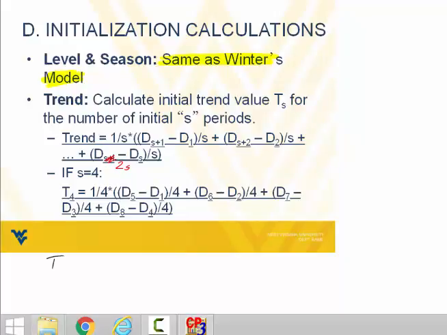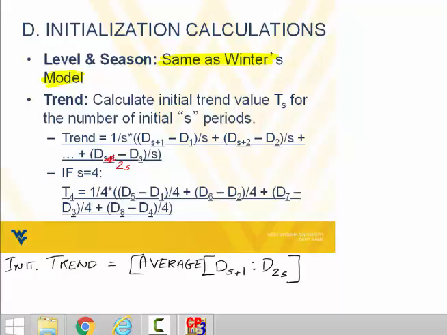So let me explain. So here we have trend, or let's call it initial trend, is equal to the average, now here we have d lowercase s plus 1 to d at 2s, minus the average at the first demand up to the lowercase s demand, and we divide the whole thing by lowercase s.